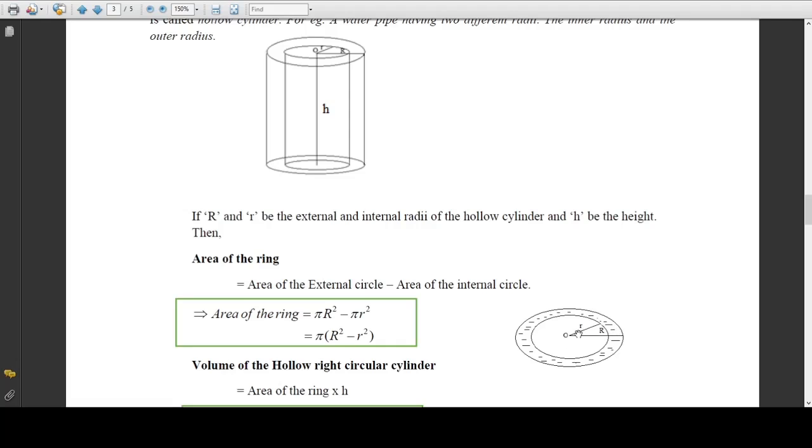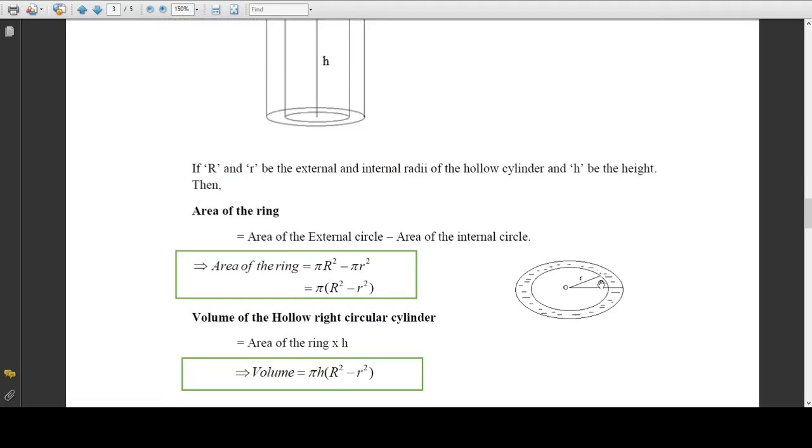Okay, here I've drawn it in another picture. Capital R is the radius of the bigger circle, small r is the radius of the smaller circle. Then the area of this ring will be pi R square minus pi r square, where capital R is the bigger radius or external radius, and small r is the radius of the smaller circle or inner radius.